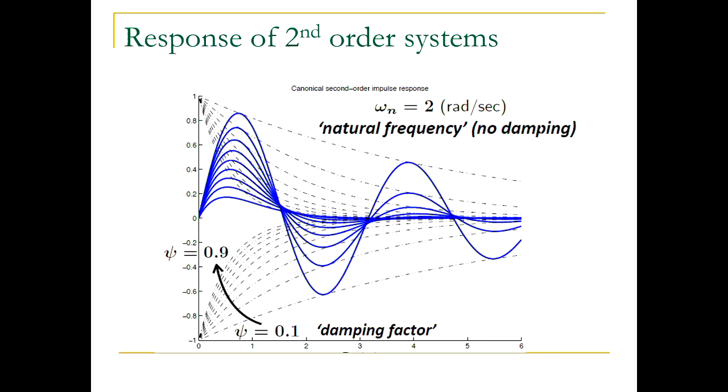So note, when psi is 0.1, we would say the damping factor is small, and we have this response, which decays slowly. Then as we increase psi, the response is suppressed very fast. It converges very quickly.